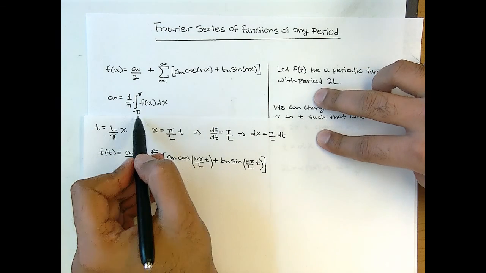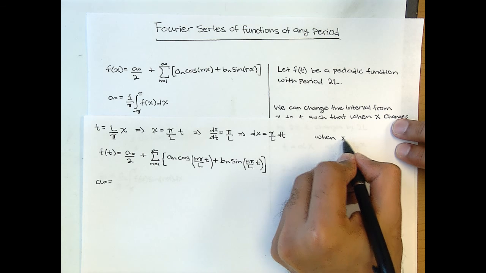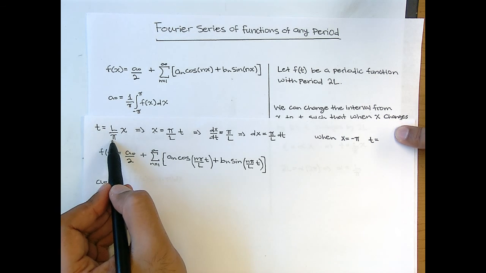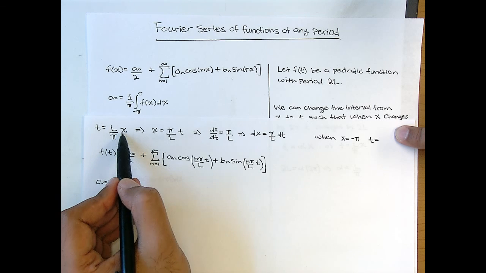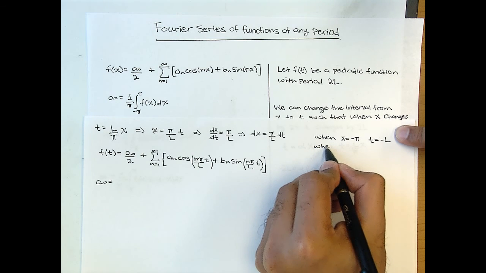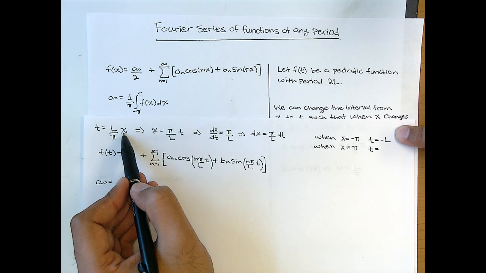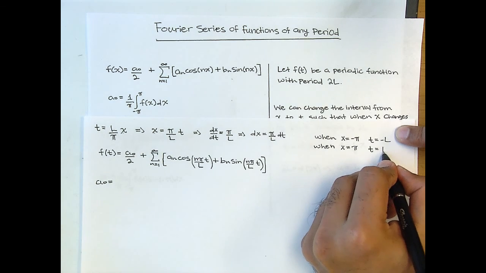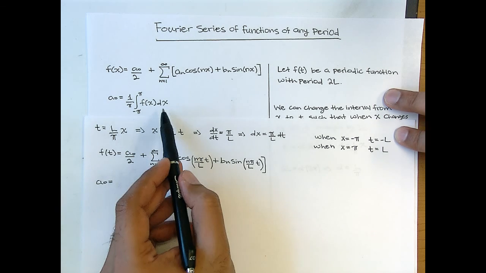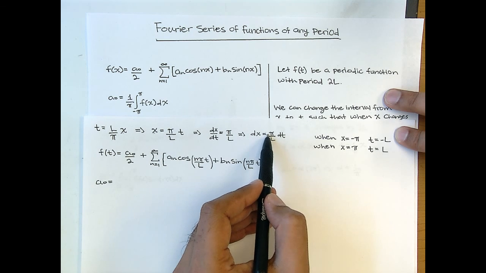And similarly, we can change these limits. When x equals negative pi, t is given by L over pi times x, so negative pi divided by pi is negative 1, and we will just get negative L. And when x is equal to pi, then pi divided by pi is 1, and that will just leave us with L. Now we can write this coefficient: dx is pi over L, so we can take that outside, and the pi here will cancel out with the pi here.